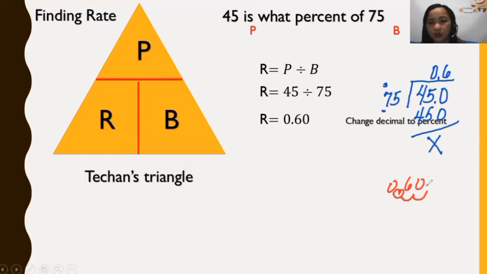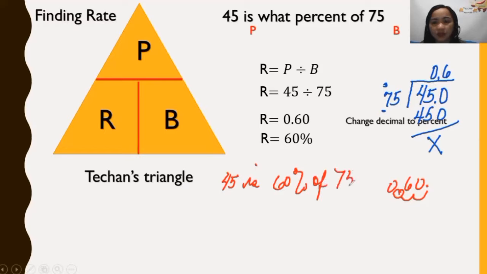So this goes to the end, and it will become 60%. Therefore, we could say that 45 is 60% of 75. So this is our answer.